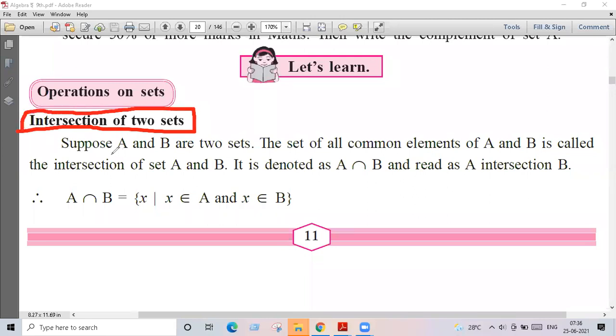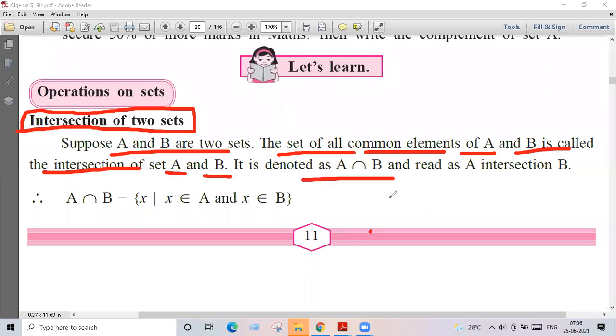Suppose A and B are two sets. The set of all common elements of A and B is called the intersection of A and B. It is denoted as this.